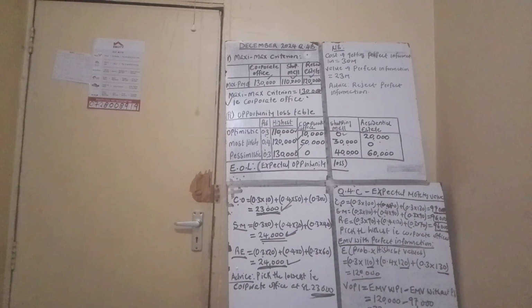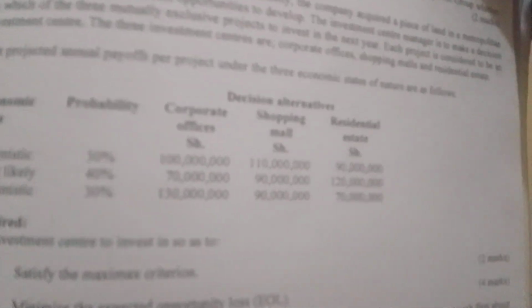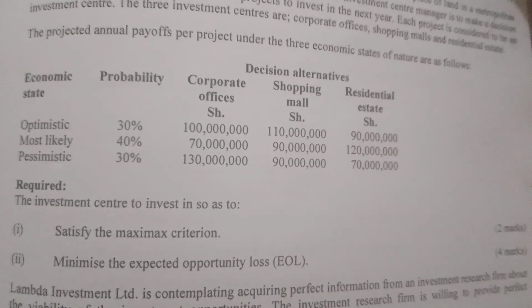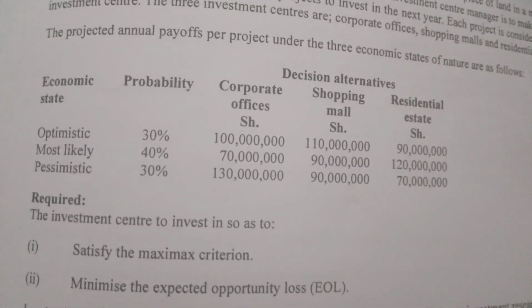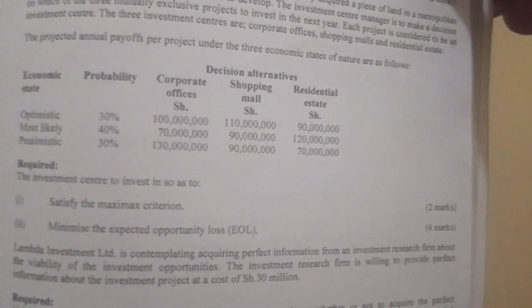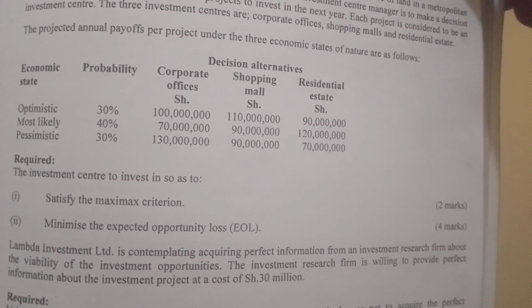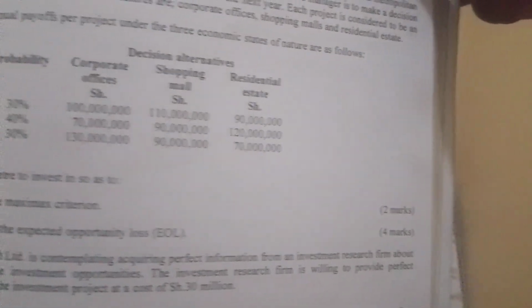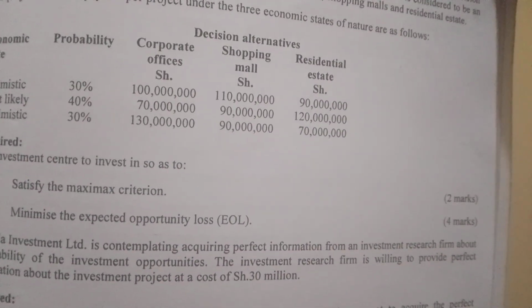So expected monetary value with perfect information is given by summation of probability times highest values. You multiply by each highest value. For example, 0.3 times 110. If you go along that particular row, you have 100, 110, 90. The highest number there is 110.